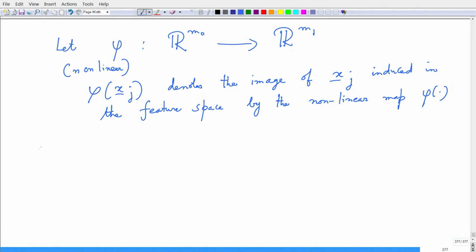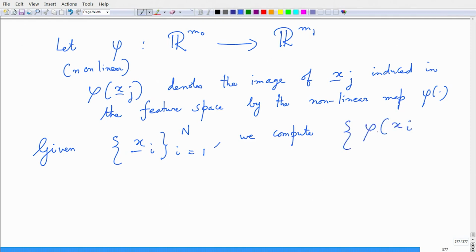Now, what are we given? We are given the points xi, i equals 1 to capital N, and we can compute phi of xi over all these points. Accordingly, we can define a correlation matrix in the feature space, right.